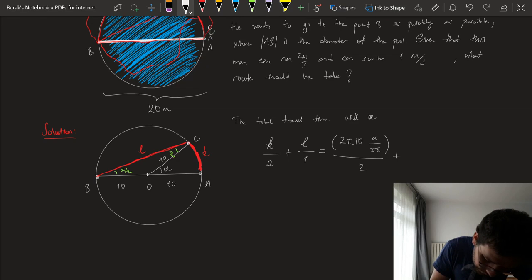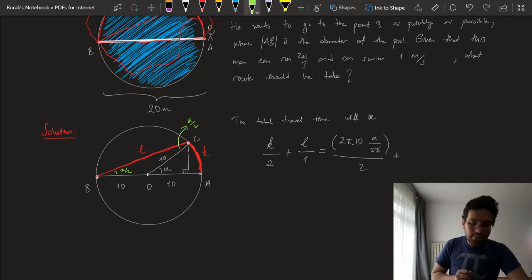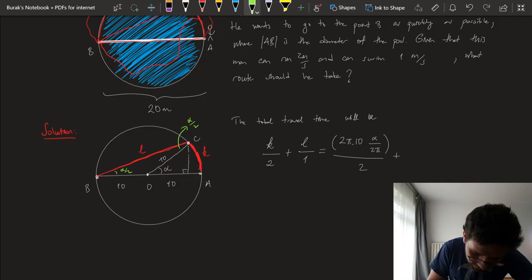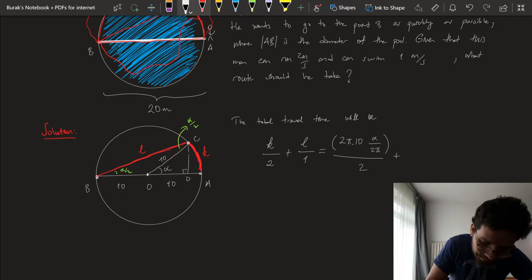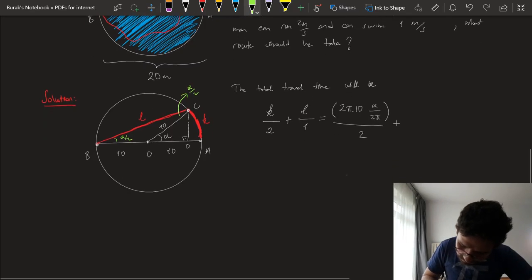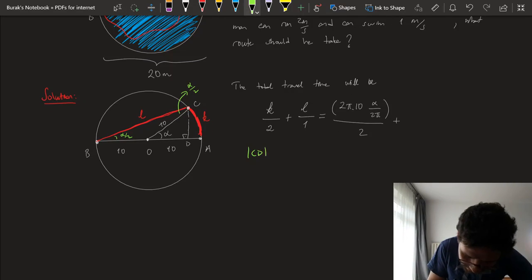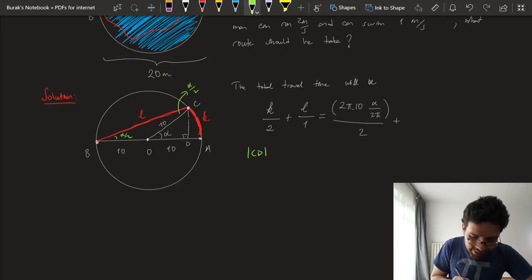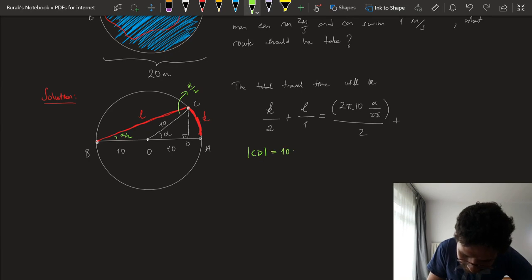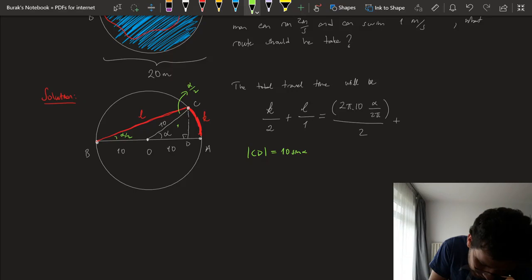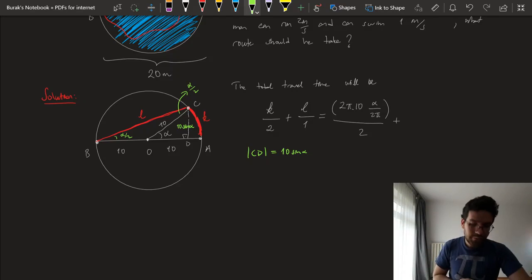But now, if you just draw this right triangle, let's call this D. The line segment CD has length 10 sine alpha, because this divided by 10 is supposed to be sine alpha.